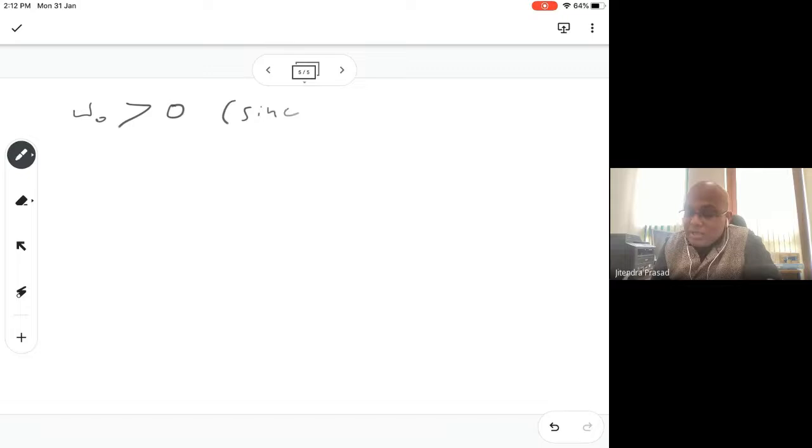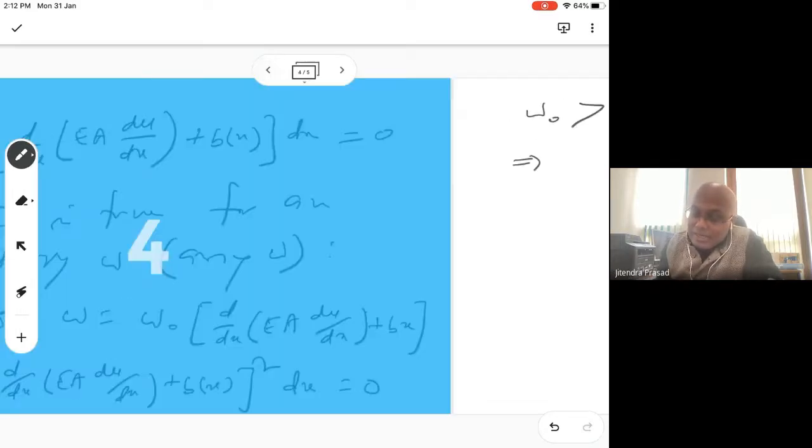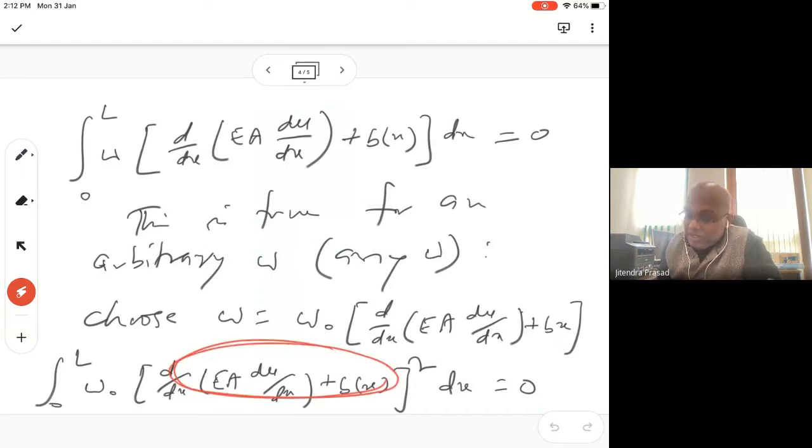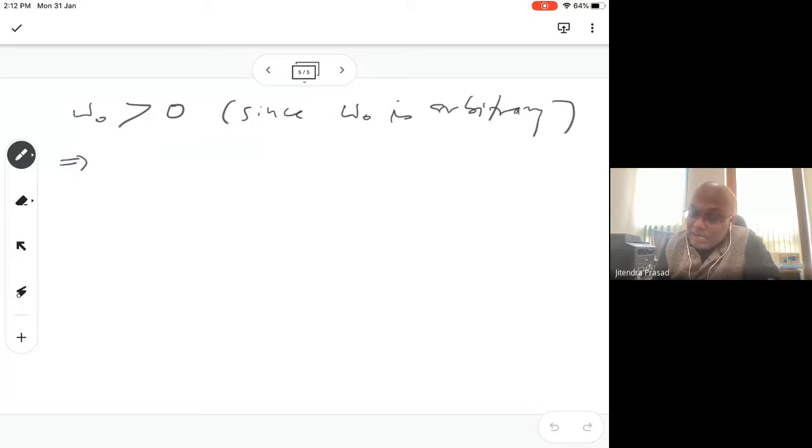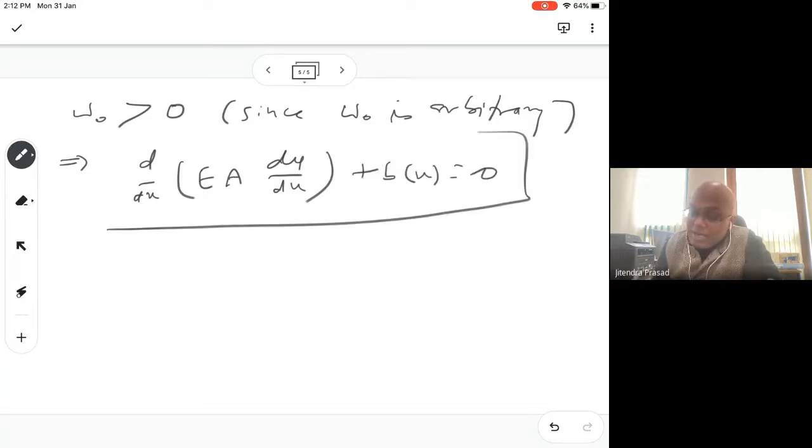Since w naught is arbitrary, we can choose any value. So that really means that the whole thing has to vanish. Otherwise, it will not be equal to 0. Hence this has to be equal to 0. That really means d over dx of EA du over dx plus bx has to be equal to 0. And this is what is the strong form.